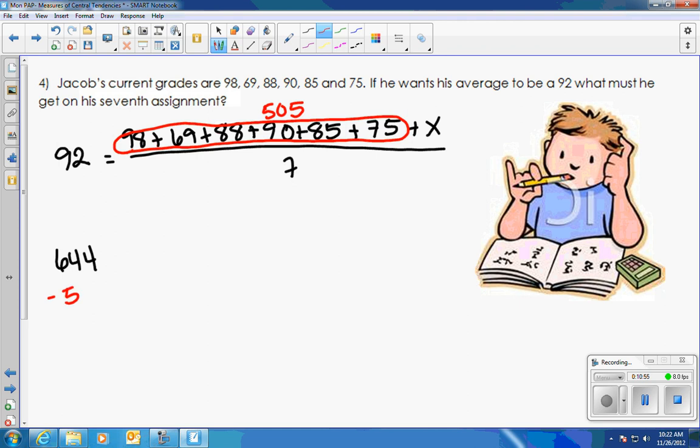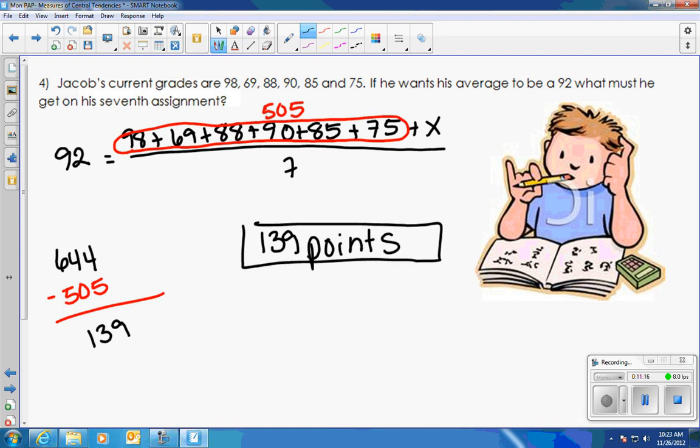So when I subtract that from 644, I get 139. So he needs to score 139 points on his last assignment. Is that likely possible? Probably not. Most assignments are out of 100, so it means that he would not be able to attain an average of a 92.